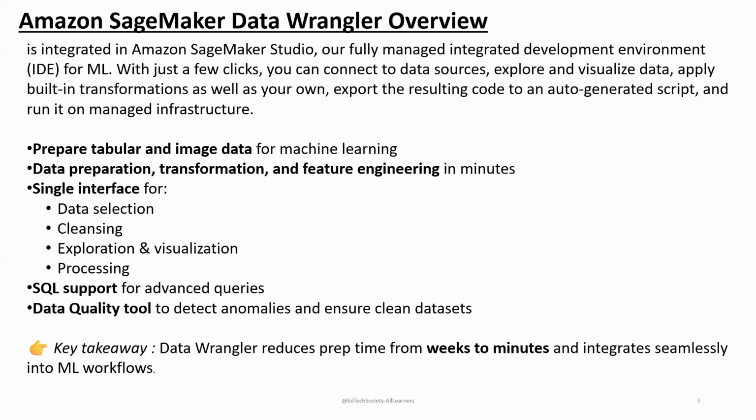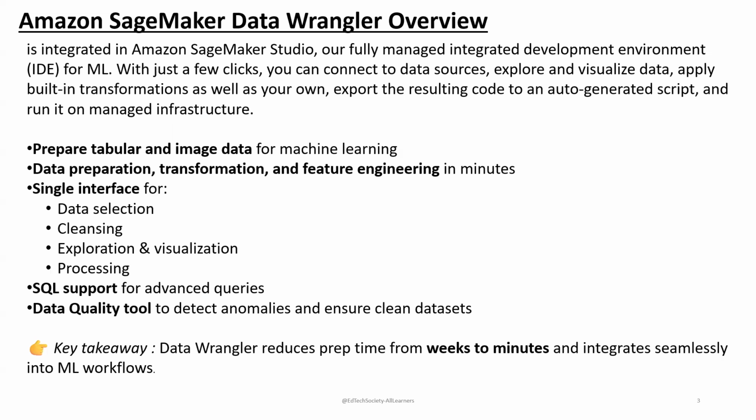Here, just think, we are doing the same thing in Amazon SageMaker Studio. It's a fully managed integrated environment, an IDE. If you are using something like Visual Studio, in AWS we are using SageMaker Studio, same thing. With just a few clicks, we can connect to multiple data sources, it can be S3 or any other thing, and we can explore and visualize the data.